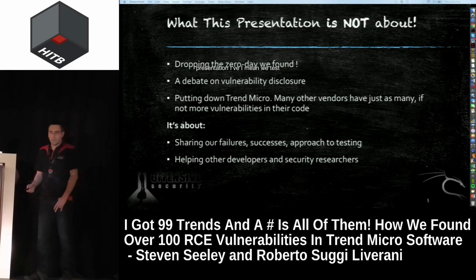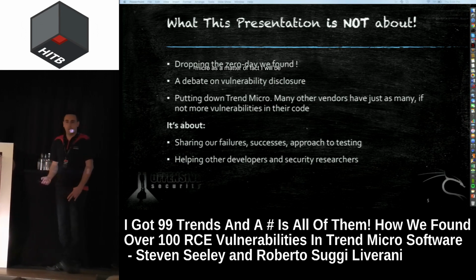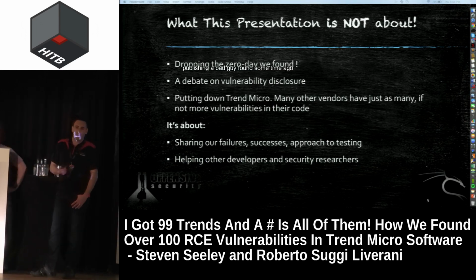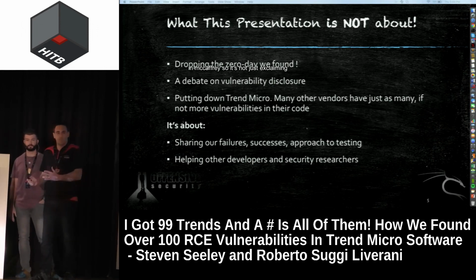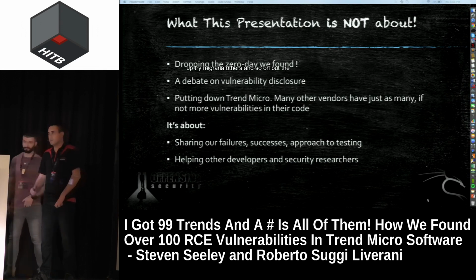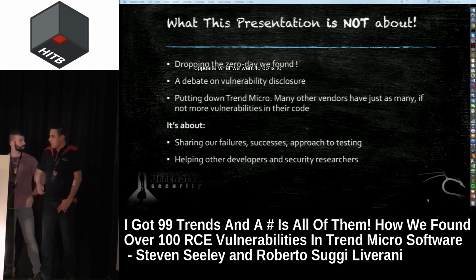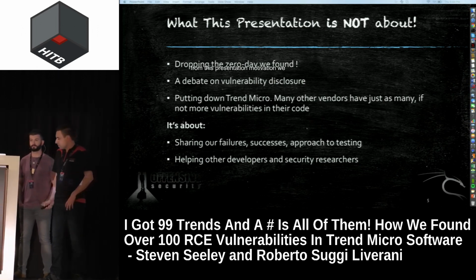And as a matter of fact, we tested different products, so it's not just Trend Micro. I will be publishing a bug I found some time ago in McAfee. So it's not just a disclaimer, just to make things clear, because we got some questions. Why did you pick Trend Micro and not others, and so on. But the opposite: what we want to do is to share what we found, how we found it, and so on. So that's the takeaway from this presentation.